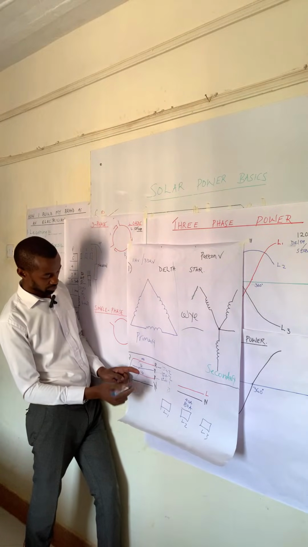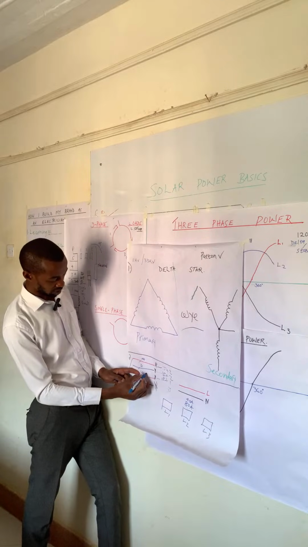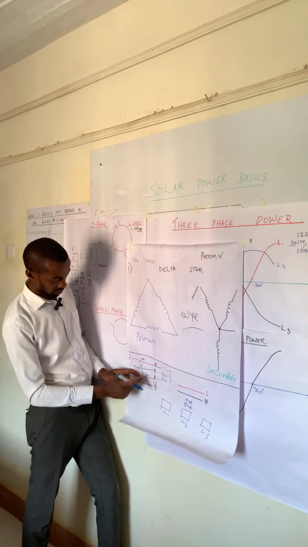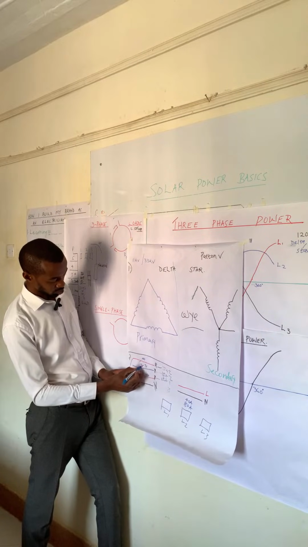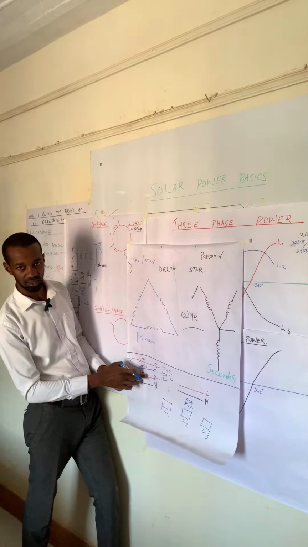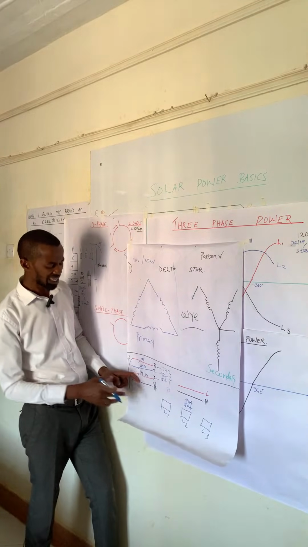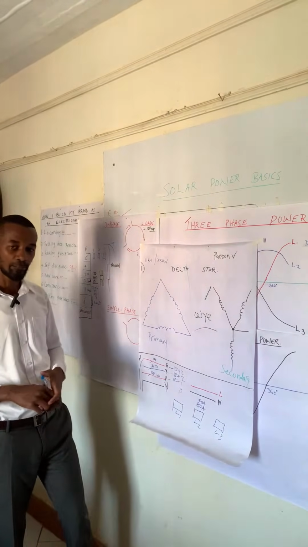What they need to do is to ease the load on this phase and decide to have 100 customers connected here and 90 customers connected here, so that we cancel that and we have 190 and 100. So that will mean that even the transformer itself will not be imbalanced.